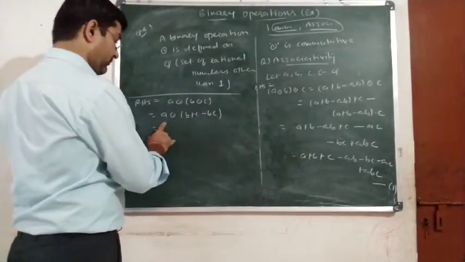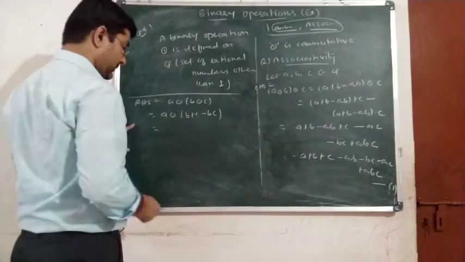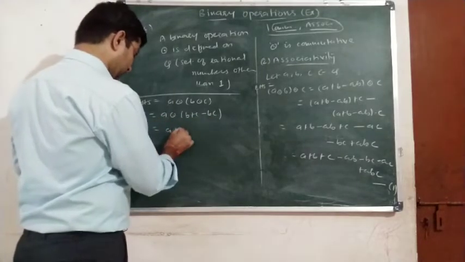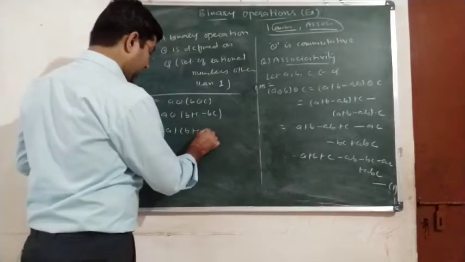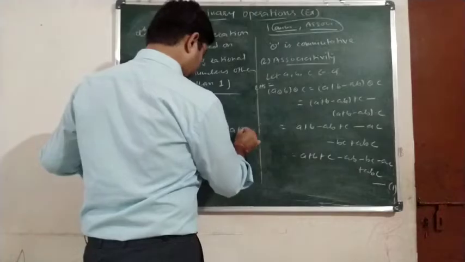Now again we will put in the formula for A only and for B this whole bracket. So A plus B minus AB.